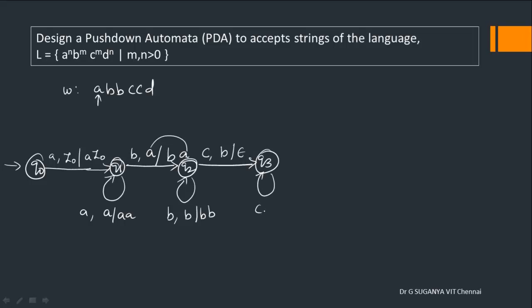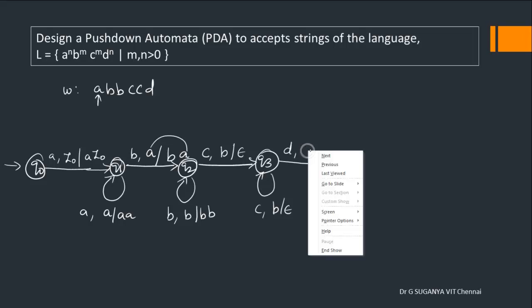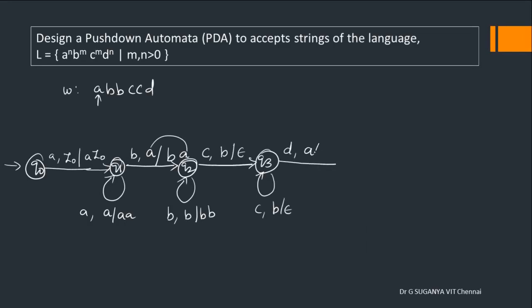Similarly, for as many C's that come on your input, map it with B. Finally, D is expected to be on the input, which needs to be mapped to A. So A/epsilon, enter into a state, and here for as many D's that come on your input, A's have to be popped out. Enter into a final state when epsilon is your input and Z0 is the bottom stack content.